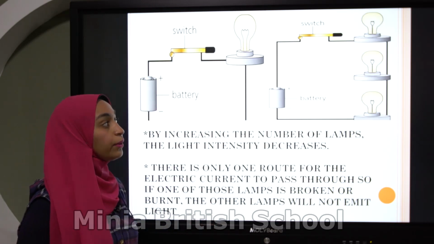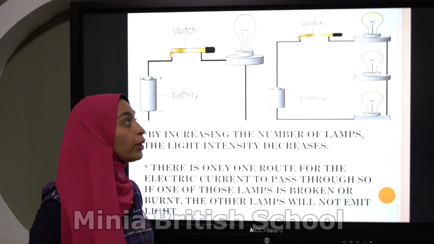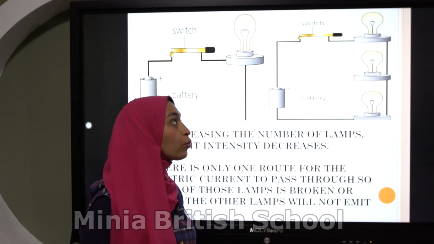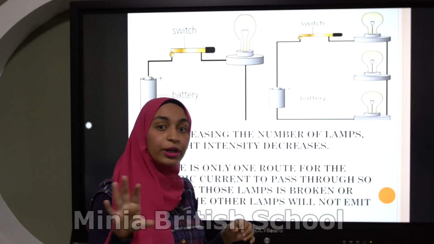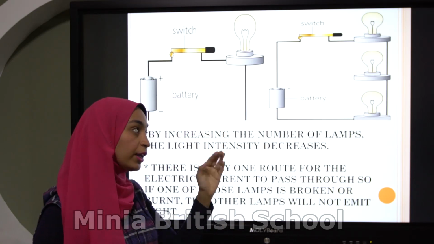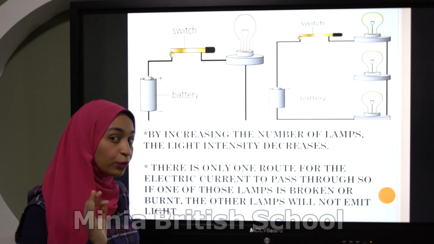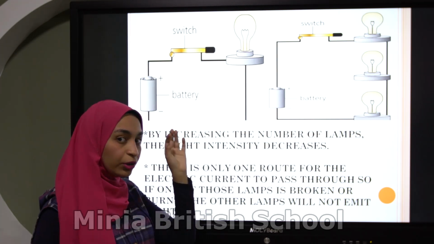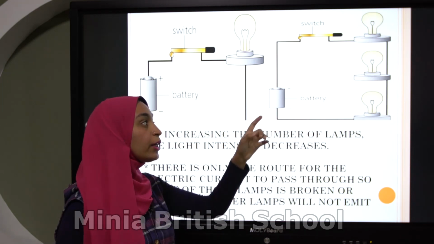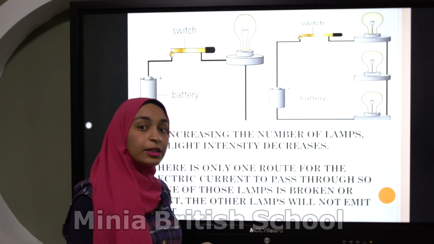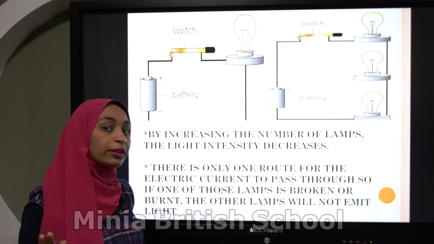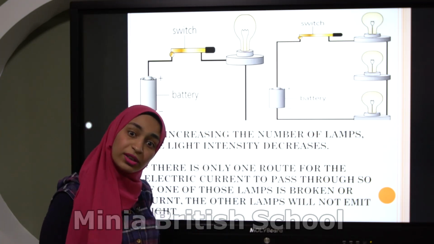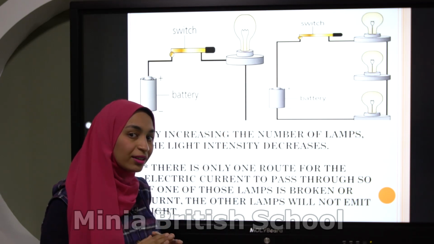Do you think if one of those lamps is broken or burned out, the other lamp will emit light? Don't forget that we are here in a series connection. Good. They will not emit light.